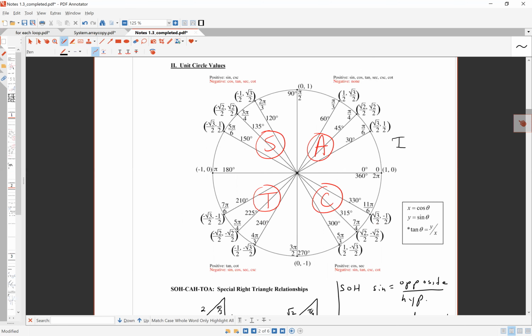So that's where the cotangent is undefined. It's kind of very fast, students. There's your super fast review of trigonometry.